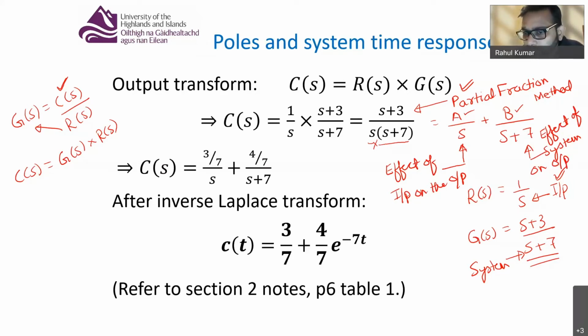So we can say the first term is the effect of input, that means your forced response, and the second term represents the effect of system, or the initial condition of the system. That represents my natural response, and C of s is my total response. So total response is forced response plus natural response.